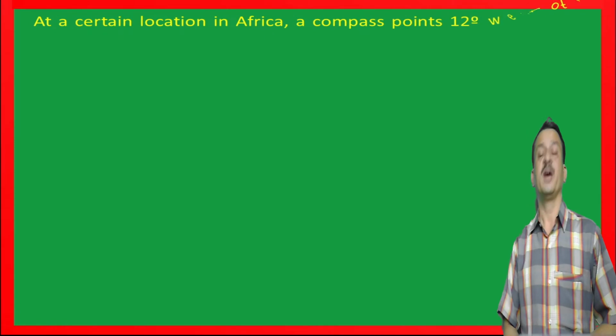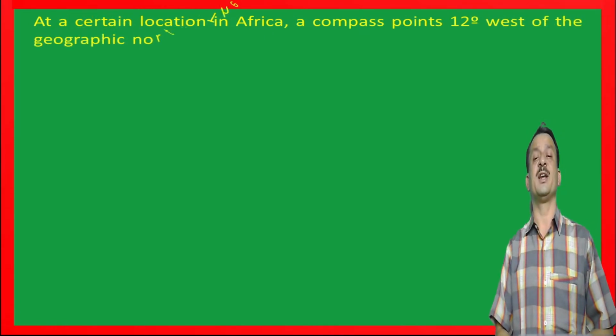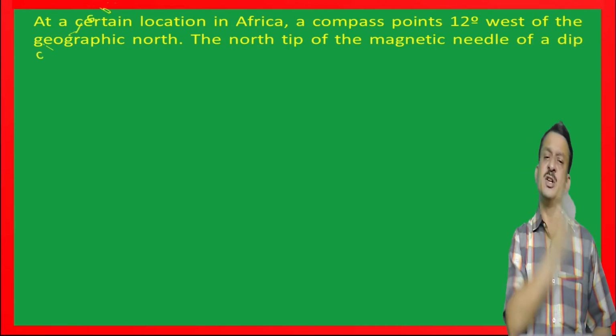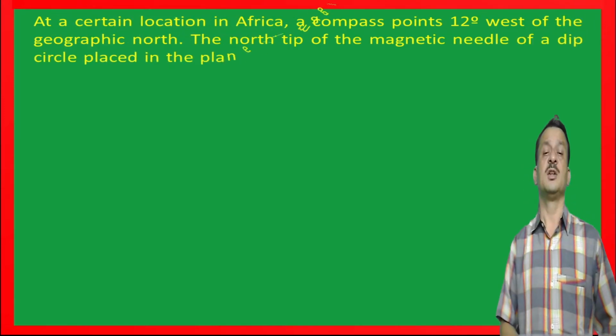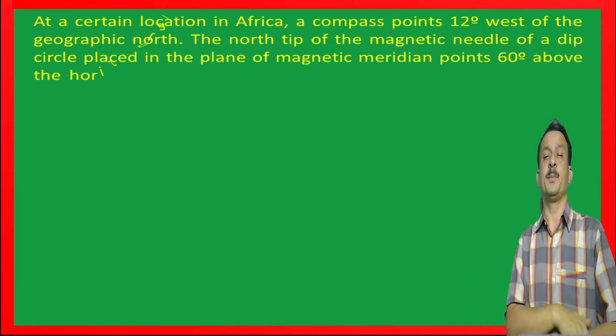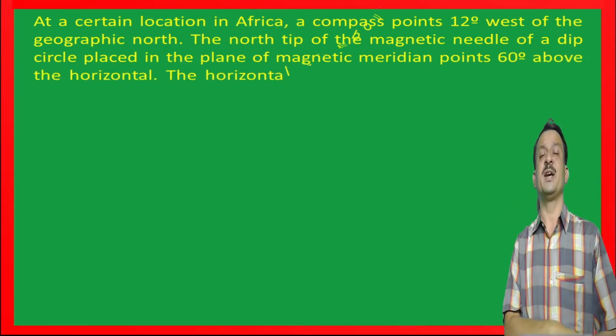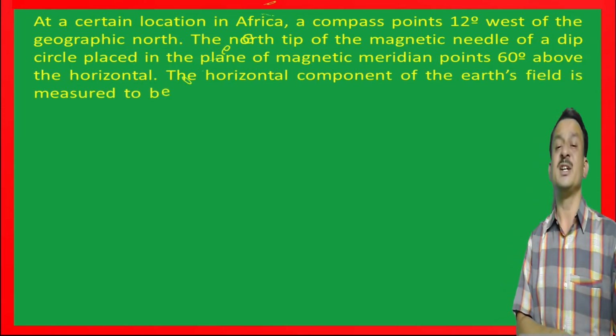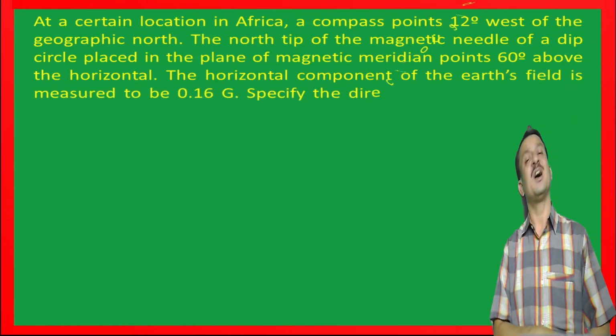At a certain location in Africa, a compass points 12 degree west of geographic north. The north tip of the magnetic needle of a dip circle placed in the plane of the magnetic meridian points 60 degree above the horizontal.